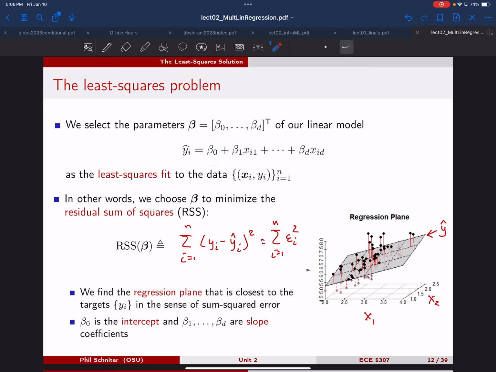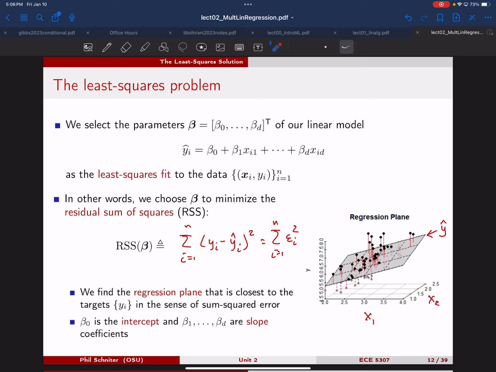So beta 0 would be the height that this plane crosses the vertical axis at the origin. We know that as the intercept. So this is called the intercept coefficient. And then meanwhile, these other betas tell us the slope of the plane if I look in a different direction. So if I look along this coordinate axis, I might notice the plane has a certain slope. That would be beta 1. If I look along this axis, I might see a different slope. That would be beta 2.